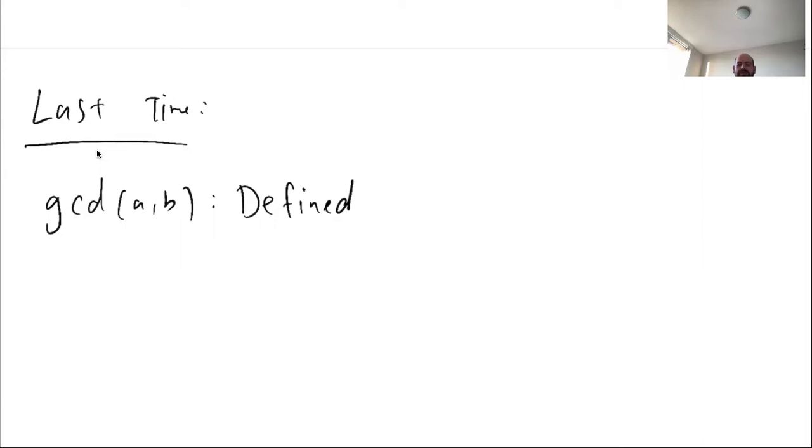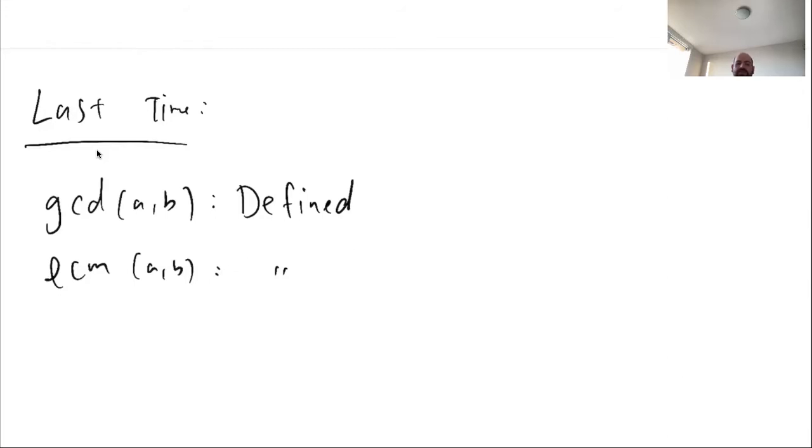And then we provided one algorithm to find GCD and also LCM, which was also defined. We said that if you want to find GCD and LCM, one way is to factorize A and B into prime factors.